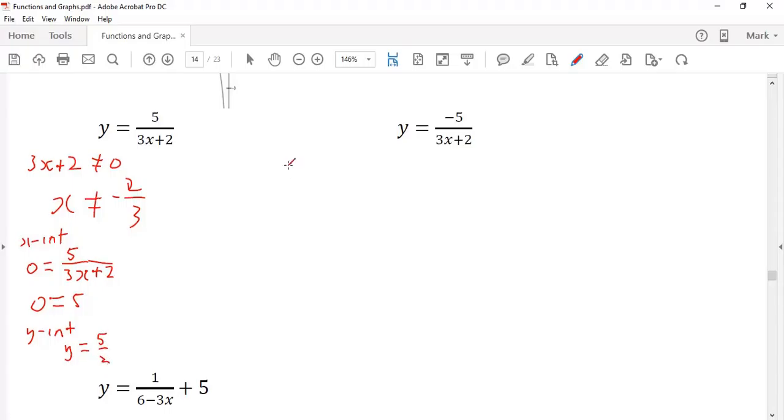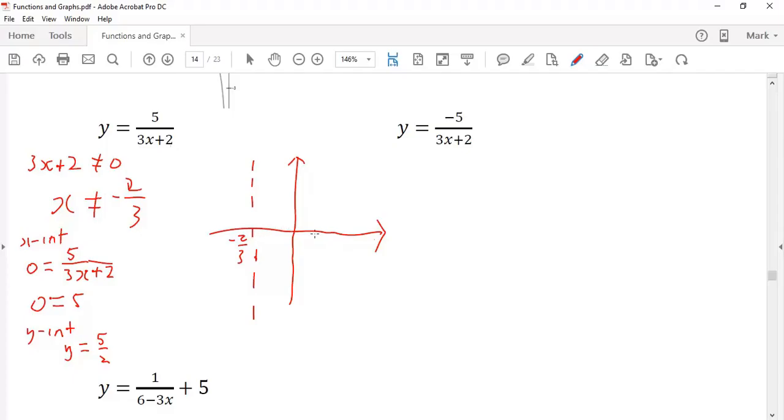So when we graph it, it's best to just put in our asymptotes first. So we know that x cannot equal negative 2 over 3. Alright, so one thing I want you to keep in mind is, remember how before we had brackets, it shifted the graph left or right? So in this case, having the 3x plus 2 on the bottom does a similar thing.